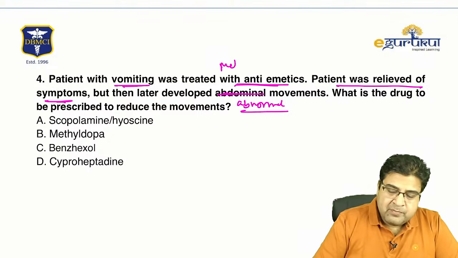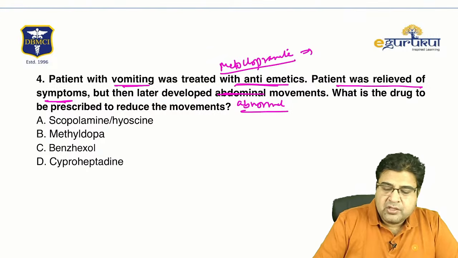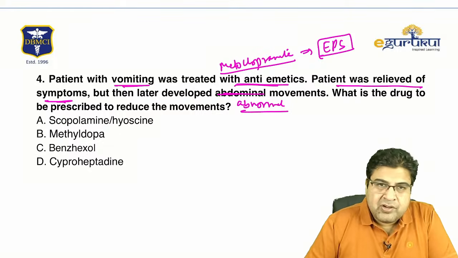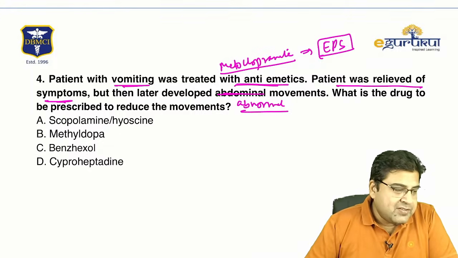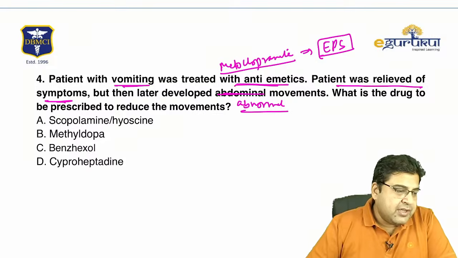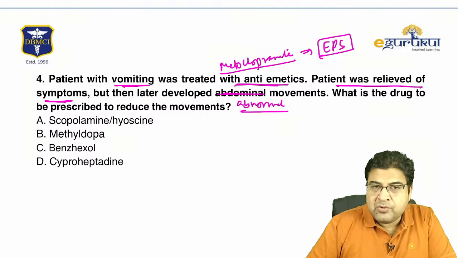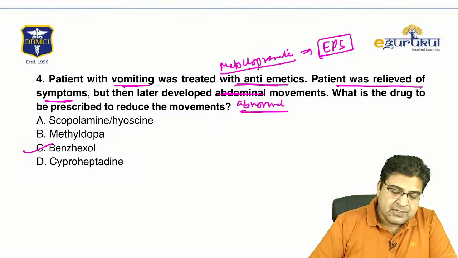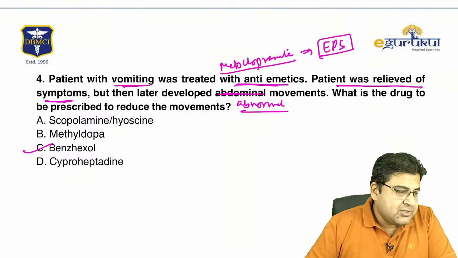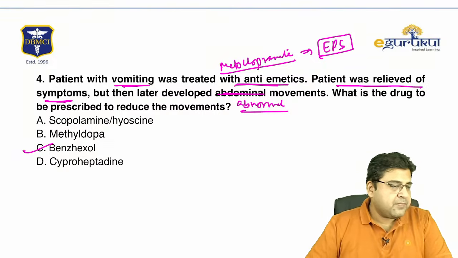So the patient has taken metoclopramide and has got extrapyramidal symptoms. Which medicine can I use for this patient? Answer is benzhexol. So benzhexol is a medicine that we can use.